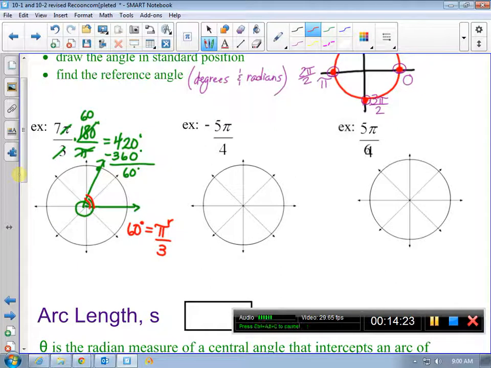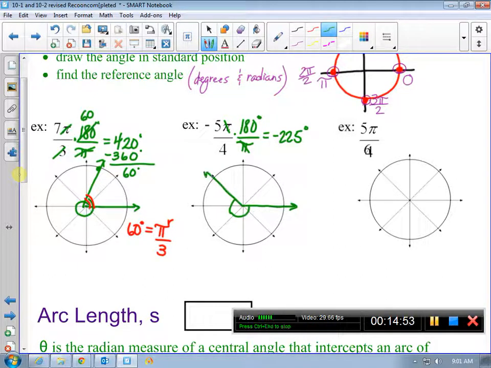Negative 5 pi over 4. First converting. That's a negative angle. Negative 225 degrees. So we go clockwise. A little bit. And right there.